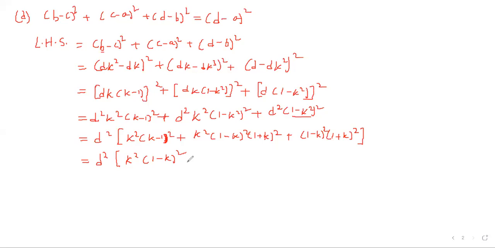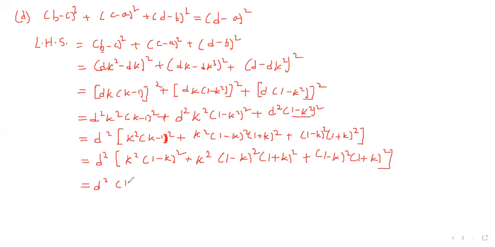So we will discuss the same thing. Plus k square into (1 minus k) whole square into (1 plus k) whole square plus (1 minus k) whole square into (1 plus k) whole square.